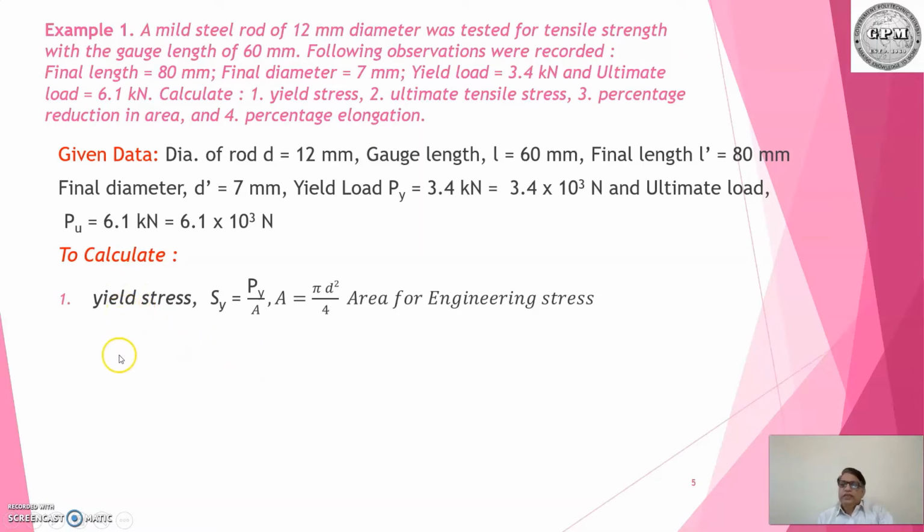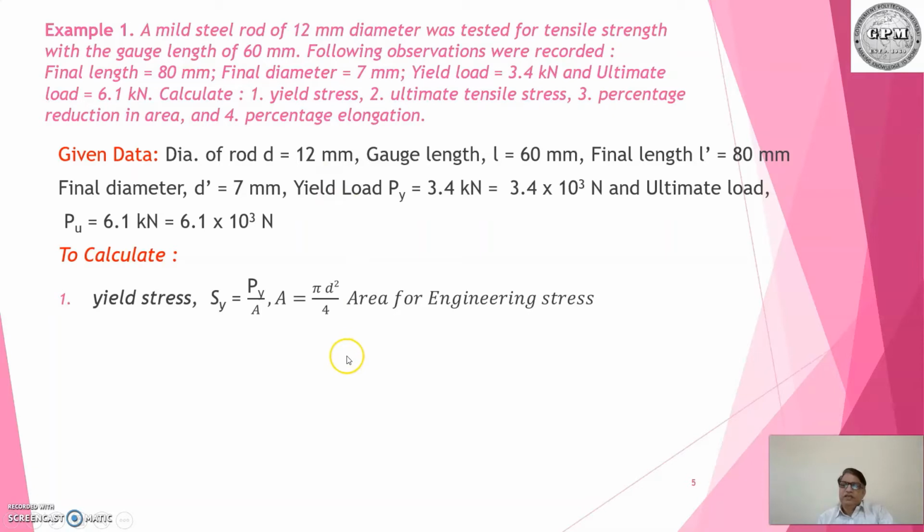To calculate yield stress, Sy is equal to load divided by the area. Area is equal to pi d square by 4. Is it the actual area, the true stress area, or the engineering stress area? It is the engineering stress area because we have taken D equal to 12 millimeter. That is the engineering stress area.